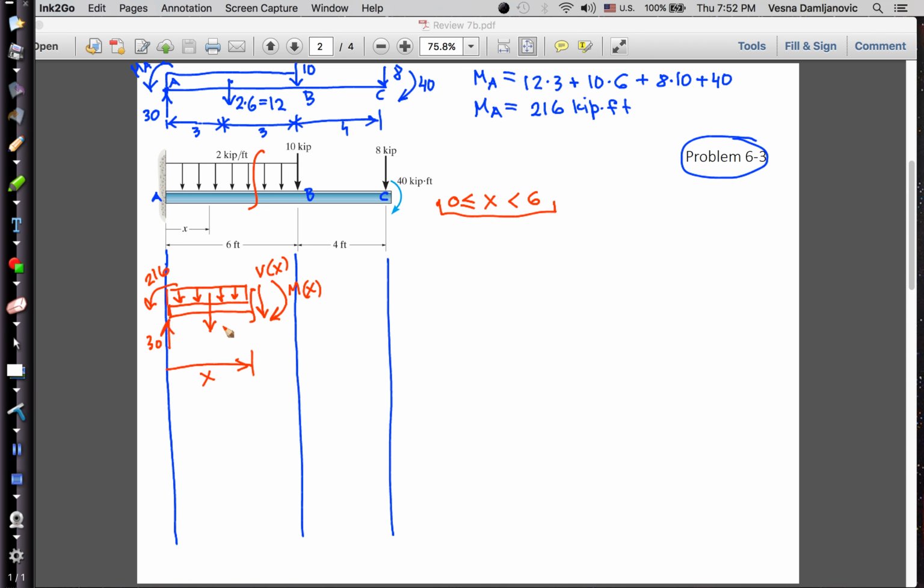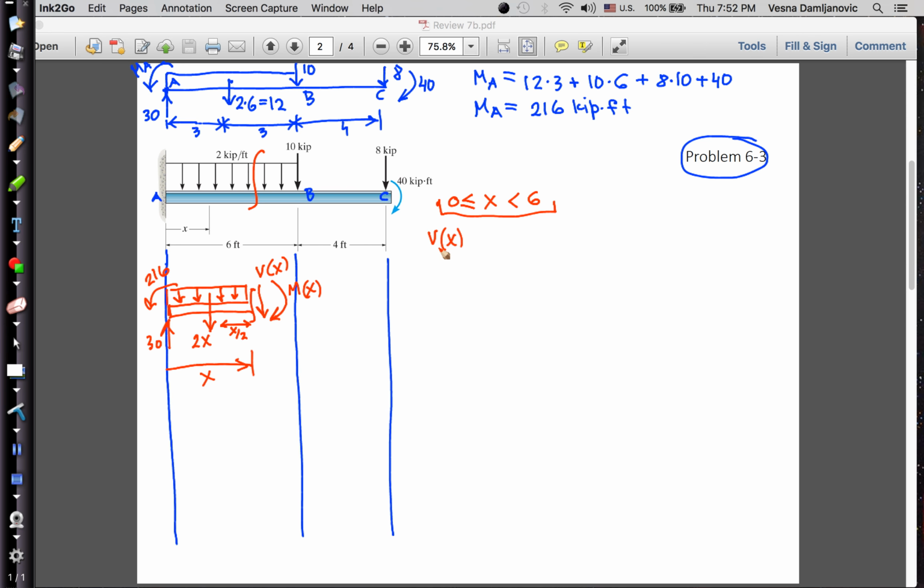Okay, so now we have all the values. This amount here will be what? This amount here will be 2 times x, right? The whole part, so it's 2x. But the distance here will be x half, right? Because we need that distance to calculate the moment at this point. So let's write out the equation.